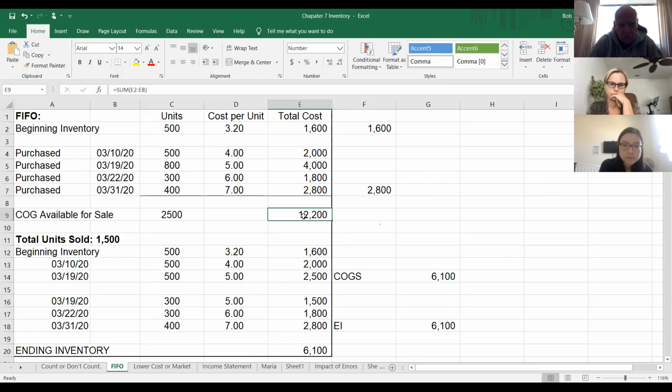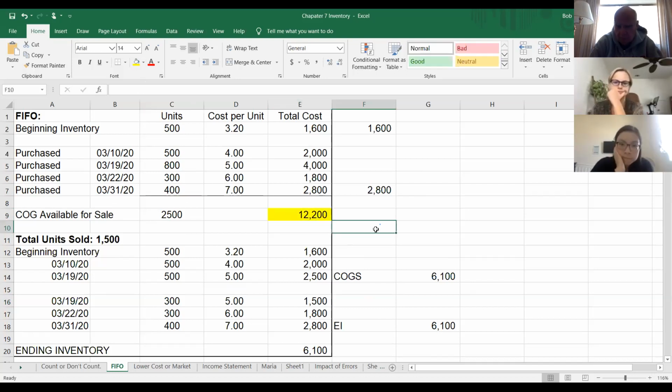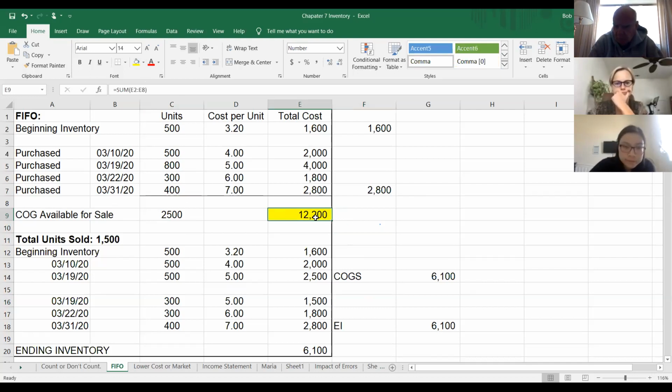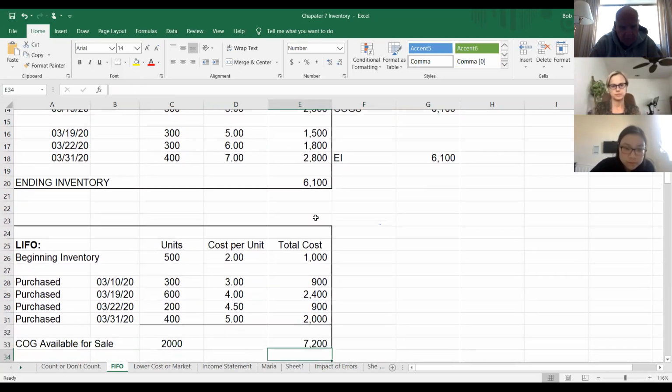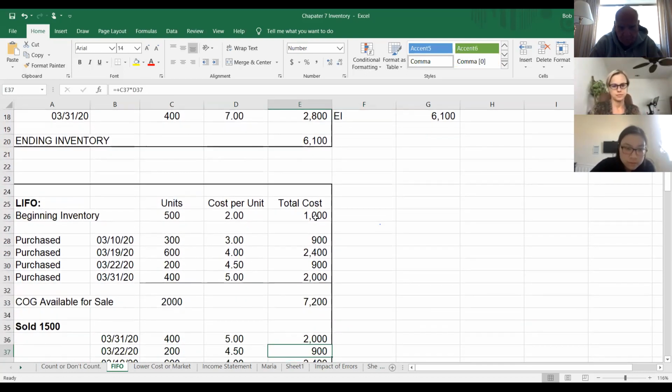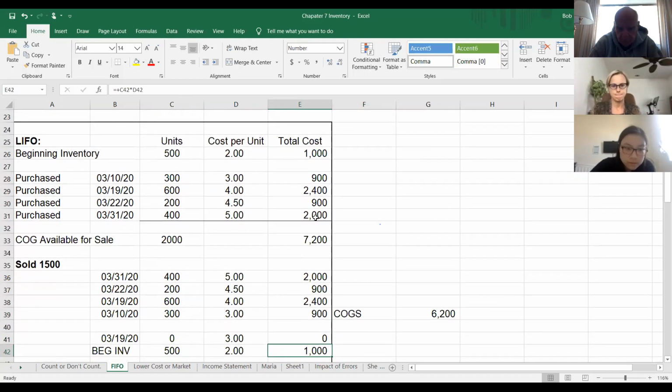Cost of goods sold under FIFO, $12,200, right? Is the cost of goods sold going to be the same for all methods? No. So cost of goods sold under FIFO is going to be lower if there's a God in heaven here. It's going to be lower.